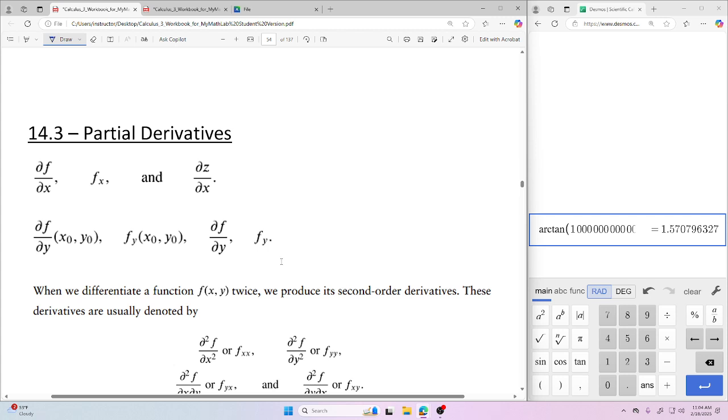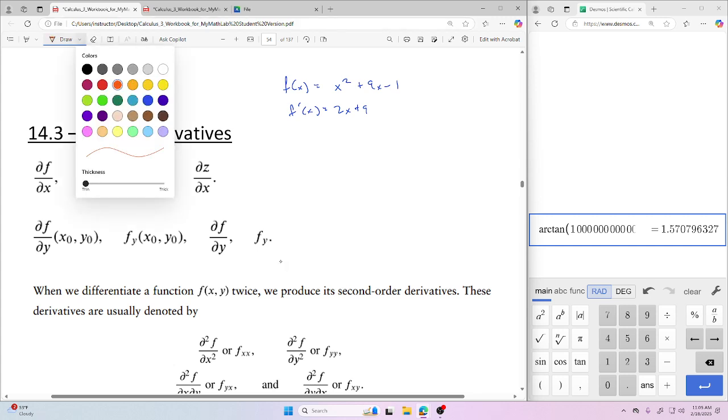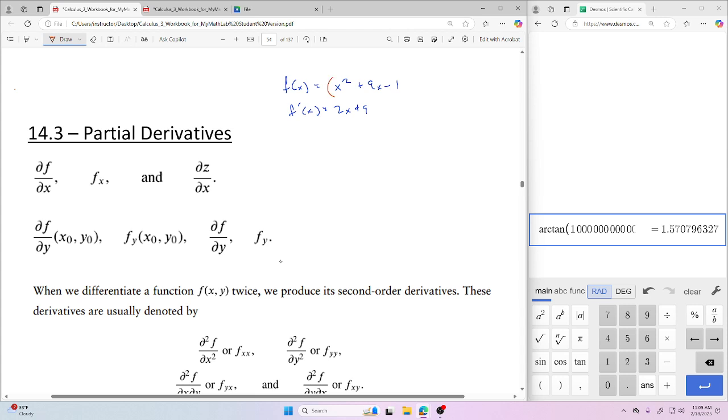So whenever I say f of x is equal to, I'm just making it up, x squared plus 9x minus 1, and you say, hey, find a derivative, right? Super easy. You just took a partial derivative. Did you know that? A partial derivative is a normal derivative, but in calculus 3, what we're doing is adding in some random variable.